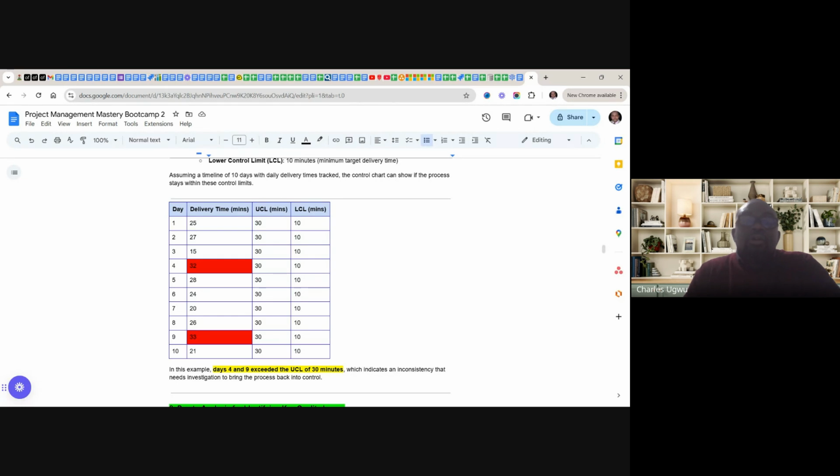This is the control. So you can see he delivered on time. He didn't cross 30 minutes: 25 minutes, 27 minutes, 15 minutes. And on the 4th day, he delivered in 32 minutes instead of 30 minutes.